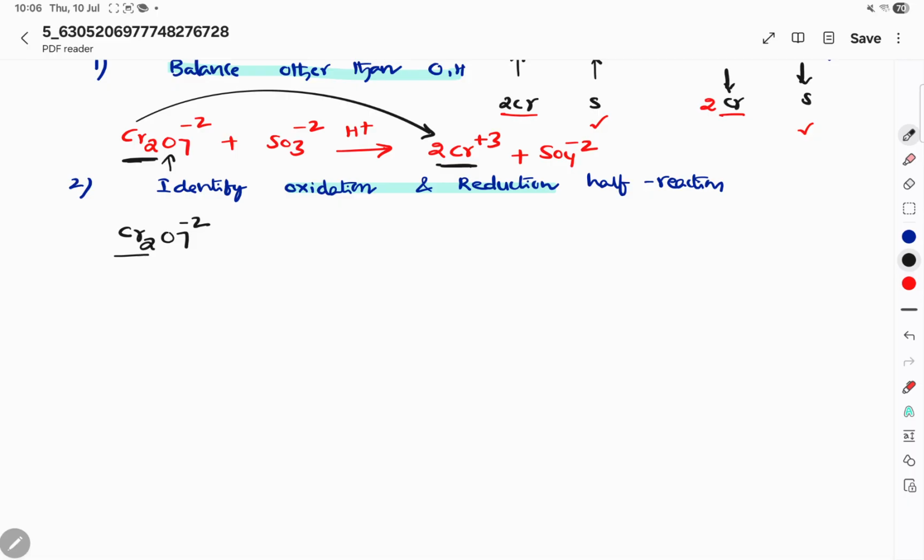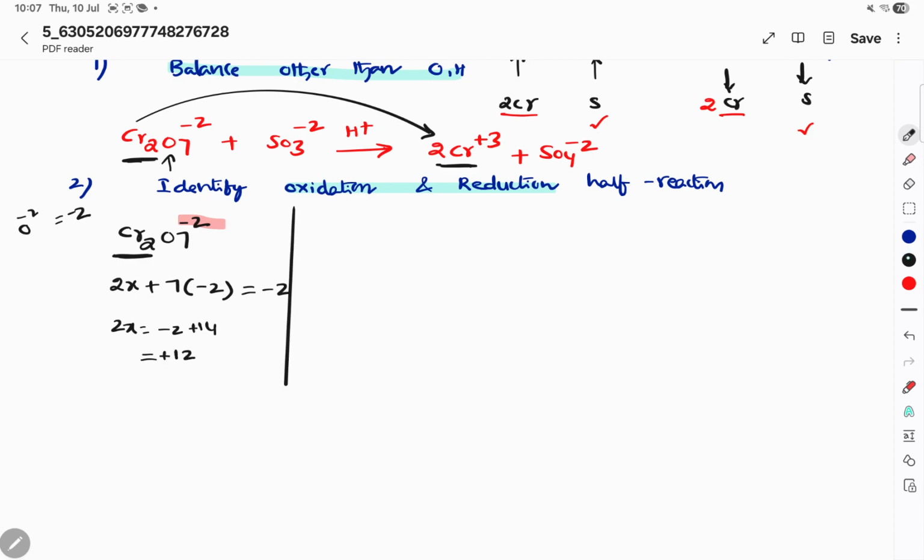In Cr2O7 2 minus, how many chromium atoms? 2 chromium atoms; take 1 chromium as X, so 2X. There are 7 oxygen atoms. In oxides, the oxidation state of oxygen is minus 2. Overall charge is minus 2, so 2X plus 7 times minus 2 equals minus 2. Then 2X equals minus 2 plus 14, which is plus 12.